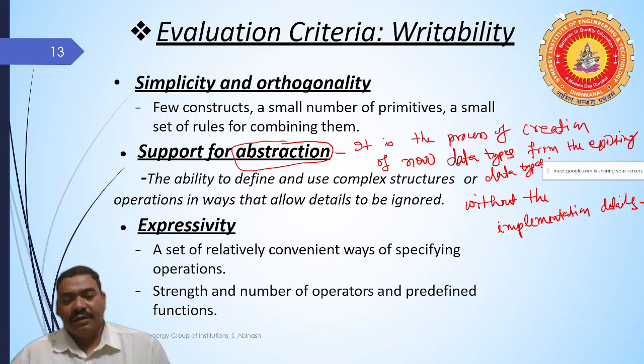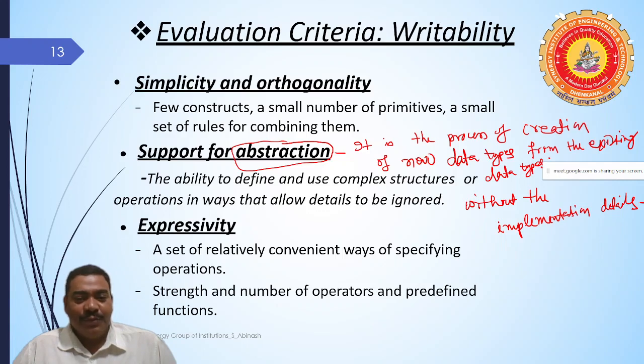Right? So expressivity: a set of relatively convenient ways of specifying operations. So how easily could it be expressed? Strength and number of operators and predefined functions. How many operators are there, and how many functions are present in the library?